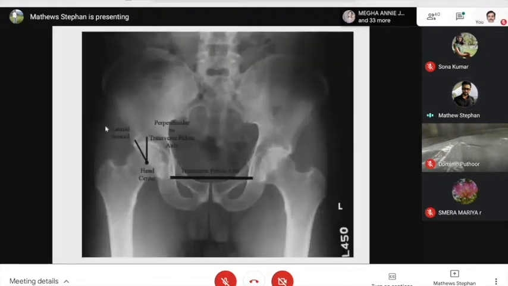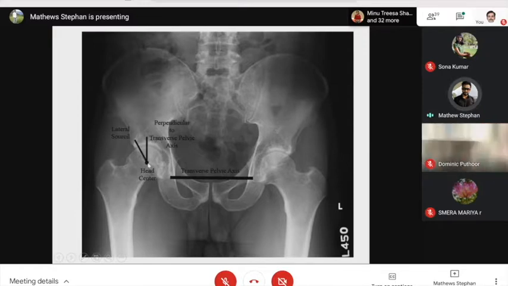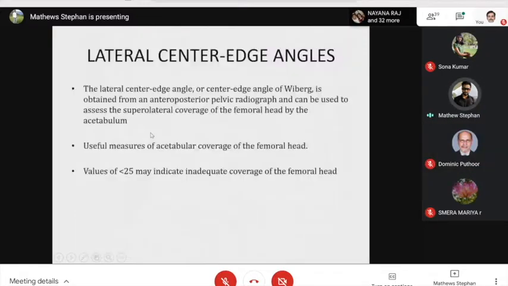So this is the transverse pelvic axis, and a line perpendicular to the transverse pelvic axis is drawn from the center of the head, and a line to the lateral edge is drawn. The angle formed by these two lines gives the lateral center edge angle, and it gives the acetabular coverage of the femoral head.